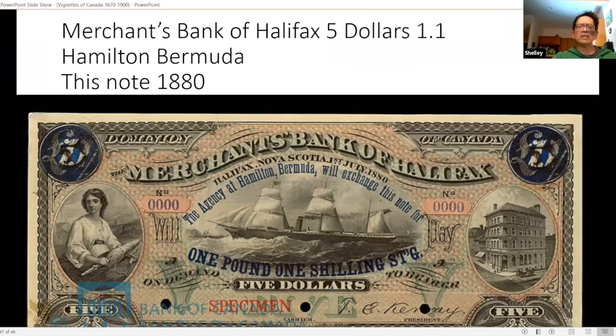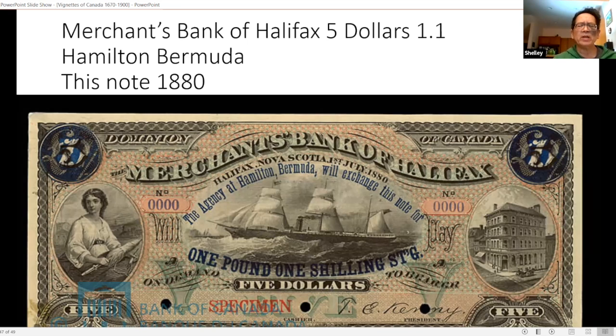This last slide of this talk is going to be about the Merchant Bank of Halifax. The Canadian banks had a great relationship with the Caribbean and other places in South America as well, such as Guyana. One area people find interesting in collecting banknotes is banknotes with Caribbean influence.